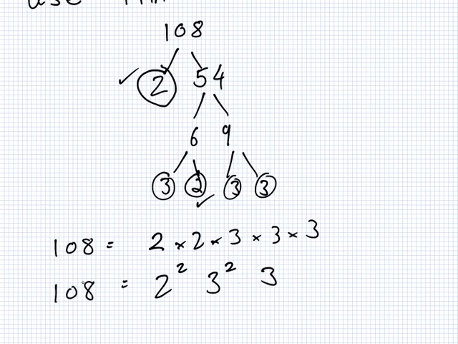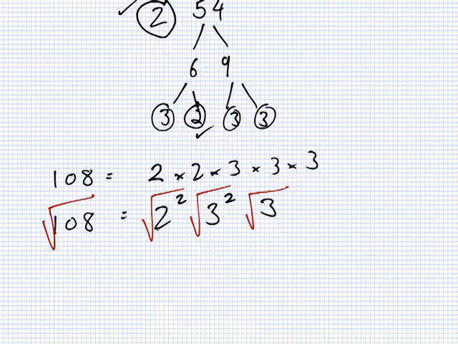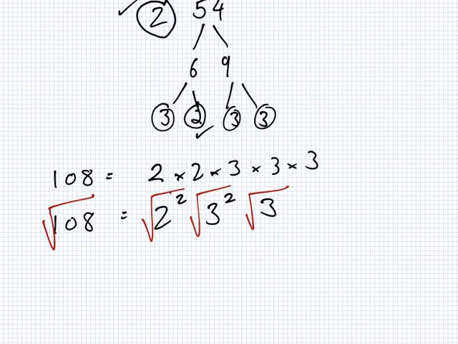Now, root 108 is root this and root this. So 2 squared with a root is just 2, and 3 squared with a root is just 3. So together this is a 6. And nothing happens to the last 3. So the answer is 6 root 3.